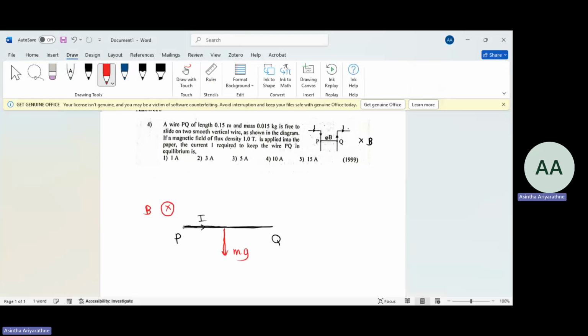So what would be the direction of the magnetic force on this current carrying conductor? You can use the left hand rule: point the forefinger in the direction of the magnetic field and the middle finger in the direction of current, and the force is given by the thumb. It is upward. Let's say Fm is the magnetic force.